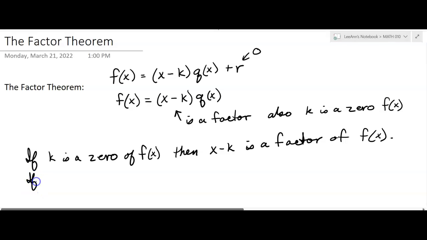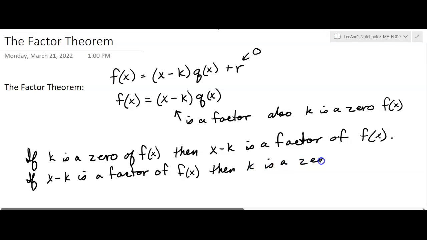And it also works the other way. If x minus k is a factor of f of x, this is the long way to write it out, then k is a 0. Okay, so these are very important theorems that we use. And we can say it a little bit better.